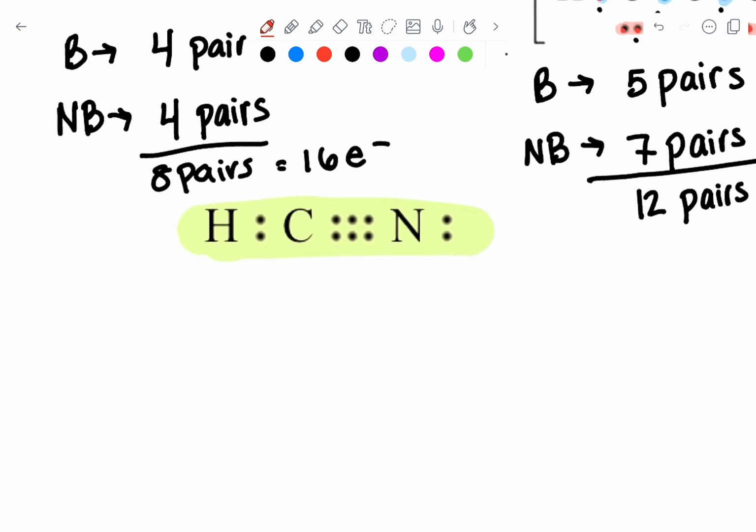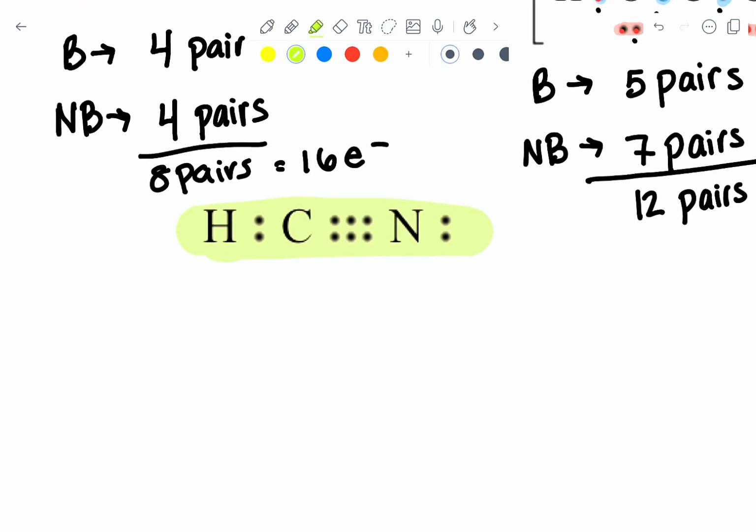Okay, let's zoom in and see what we can do for each of these. I'm just going to erase some of this so we can highlight it.